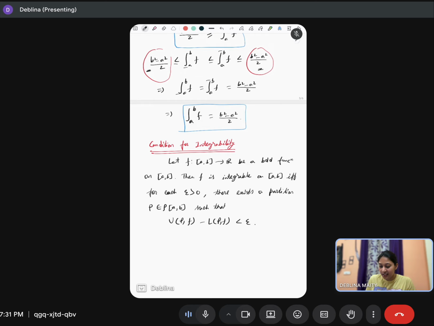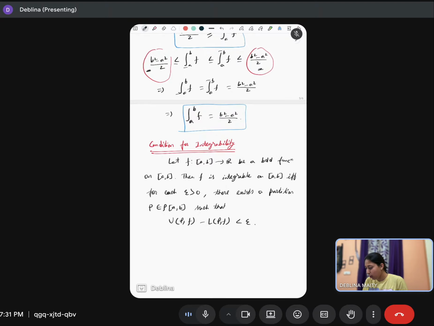So you say that f is integrable on [a,b] if and only if for a given epsilon there exists a partition P for which U(P,f) and L(P,f) are closer. The difference is less than this epsilon, right? Then we say that f is Riemann integrable.